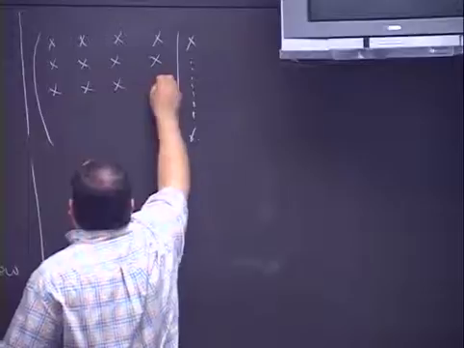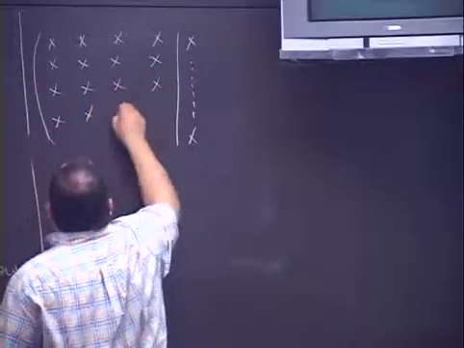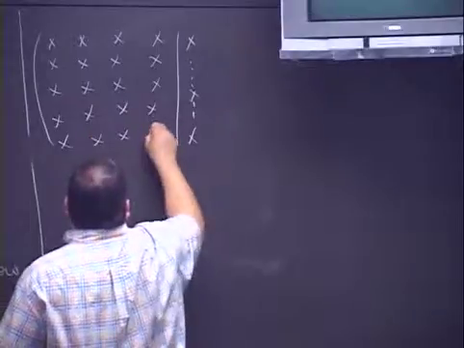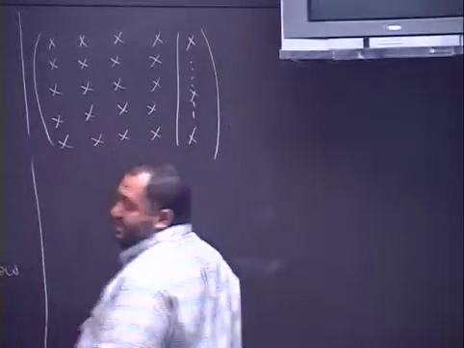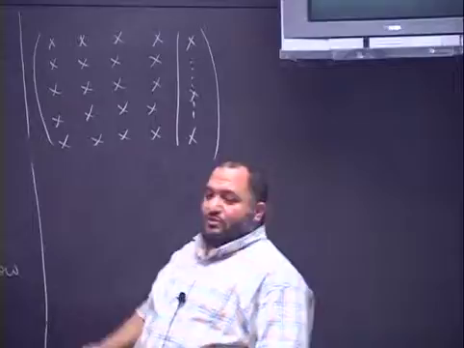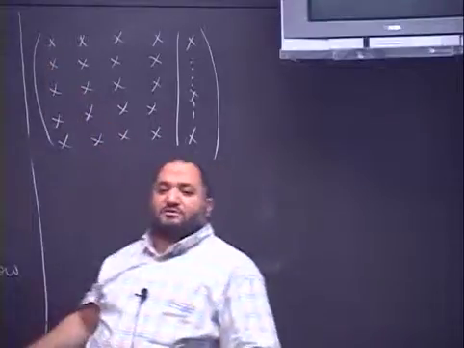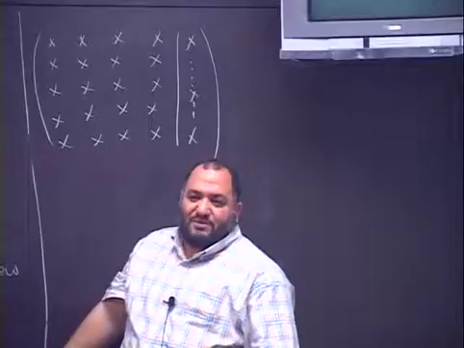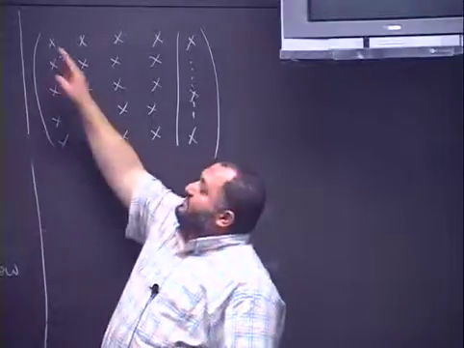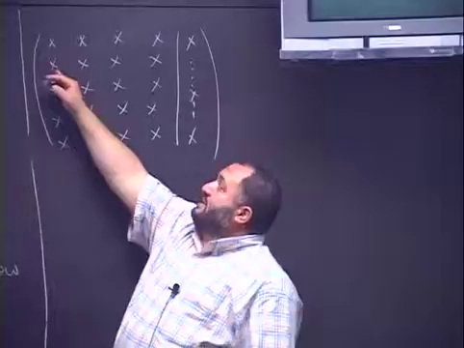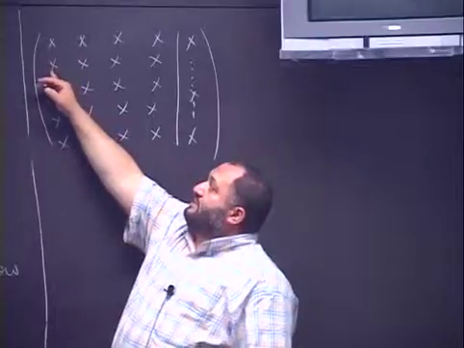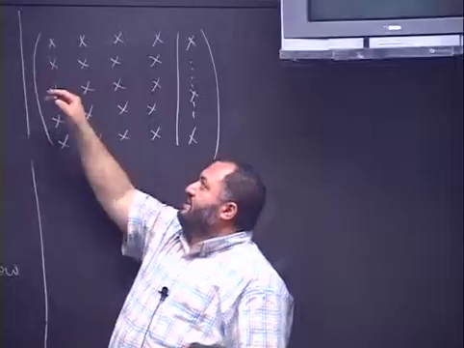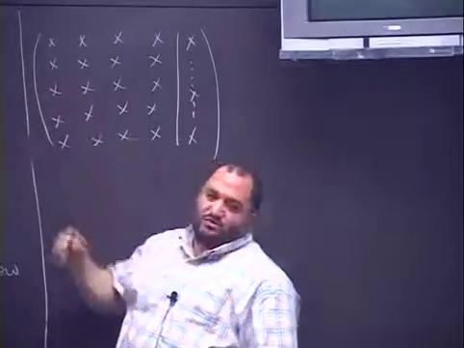Maybe one of those positions is 0. After step number 1, you will say that this is the pivot or leading element of the matrix. Let's assume that this is 9, and this is here 7, or something like 3, 2, 1, 0.